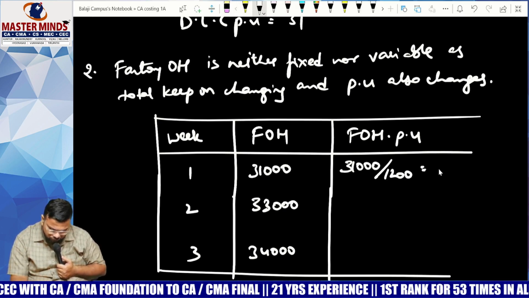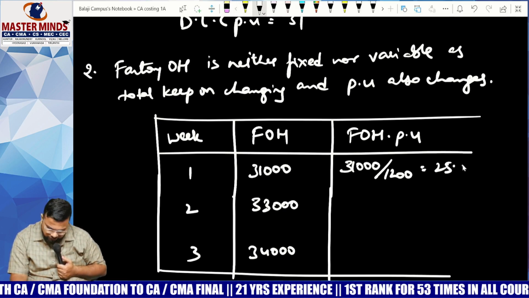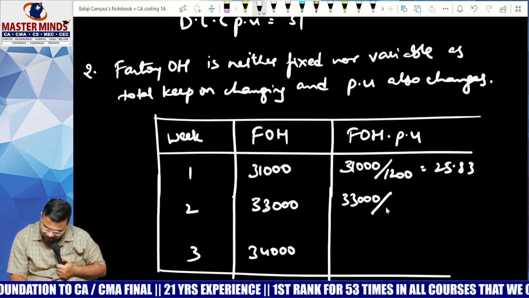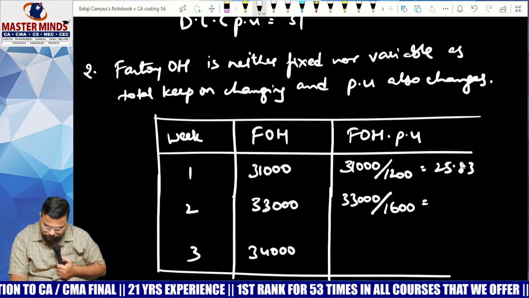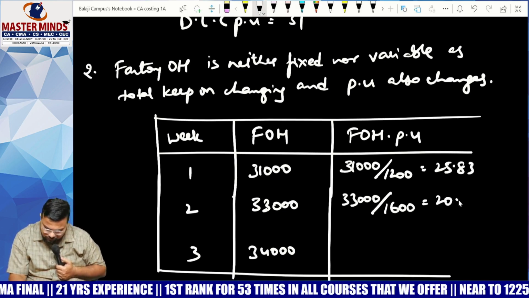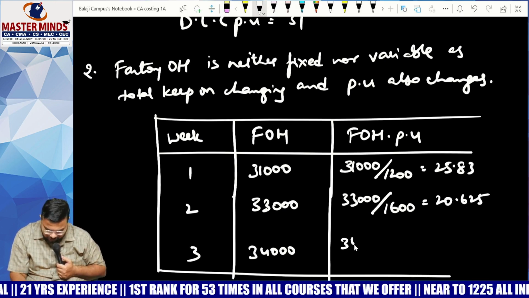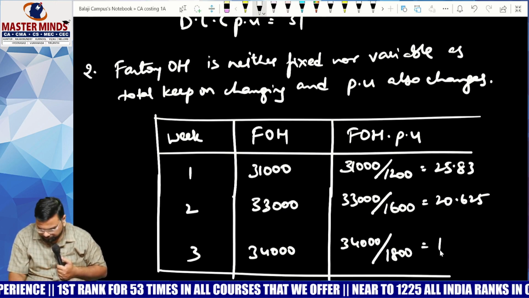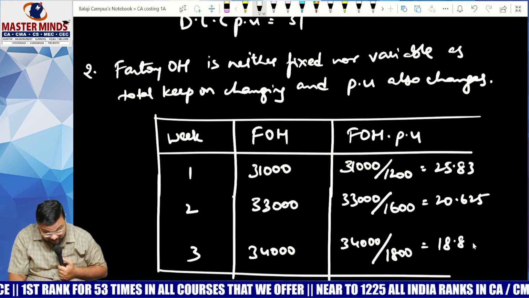How much did you get? 25.83. What about this one? 33,000 divided by 1,600. How much did you get? 20.625. And this one, 34,000 divided by 1,800. How much? 18.89.